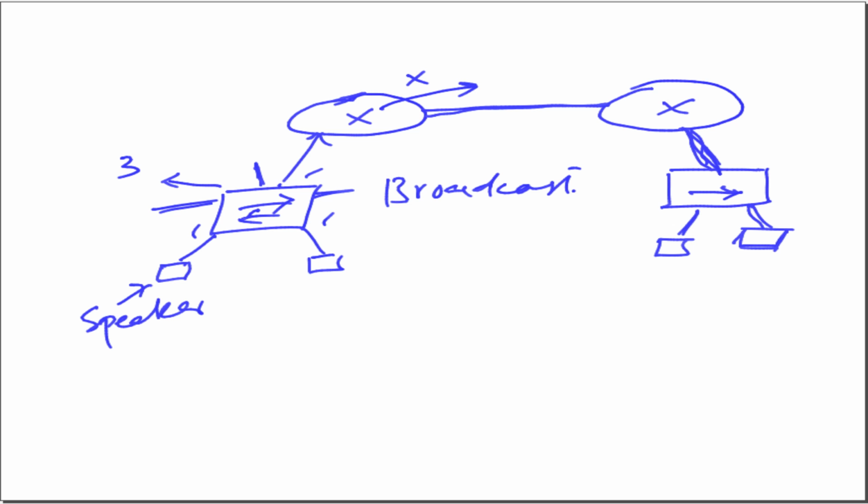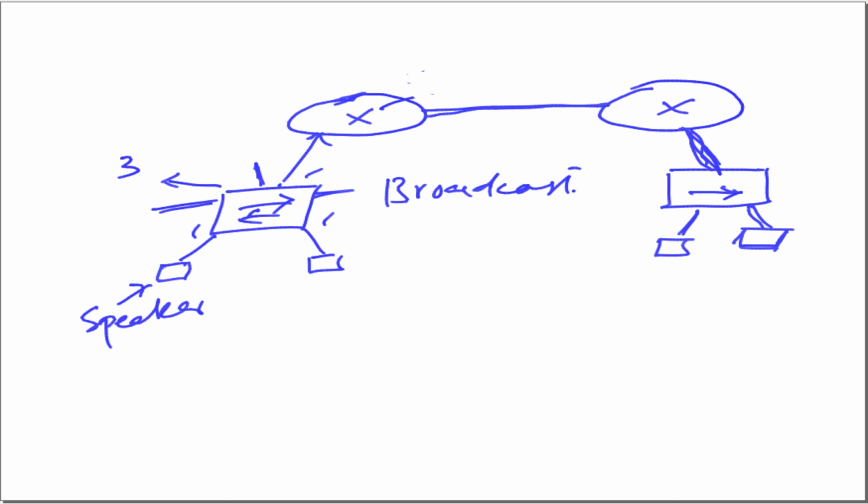So the important thing that you have learned from this slide is that routers break the broadcast domain. Switches break the collision domain, but they do not break the broadcast domain. But routers break the collision domain as well as the broadcast domain. So in this example, we have two routers, one switch and one hub.